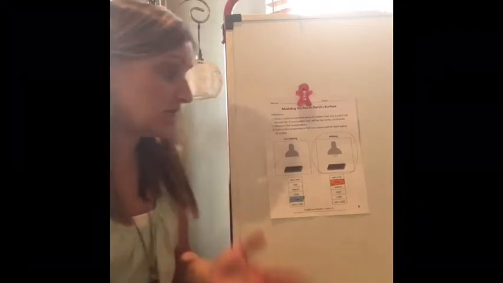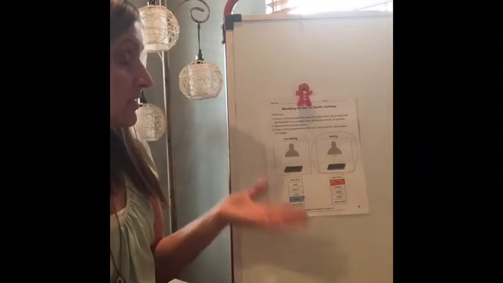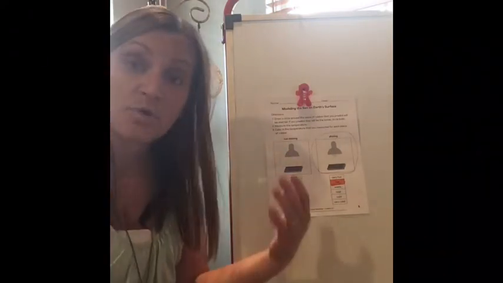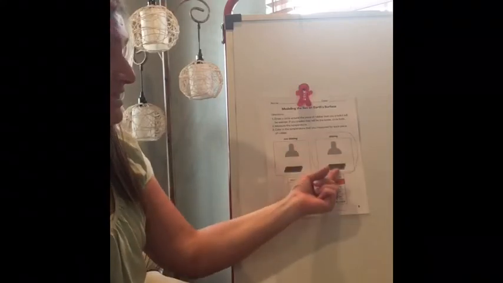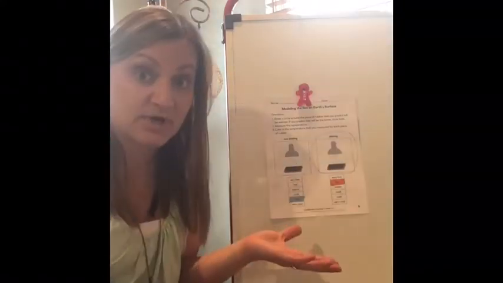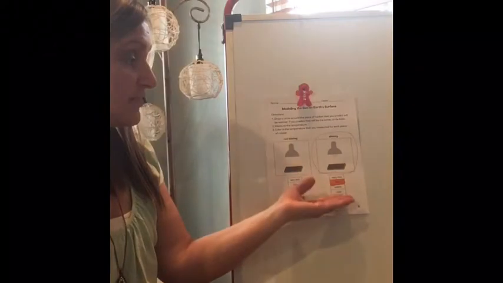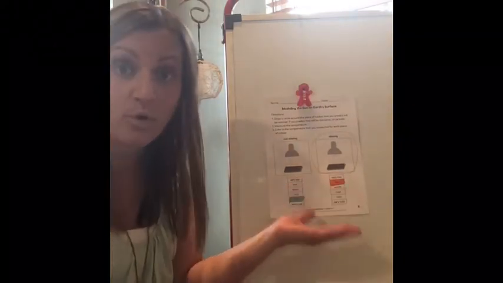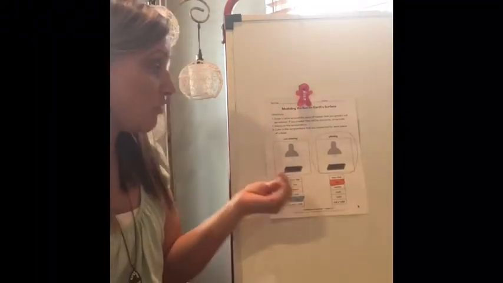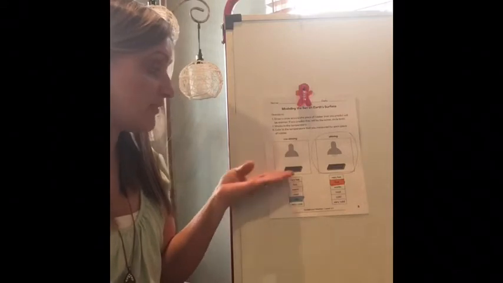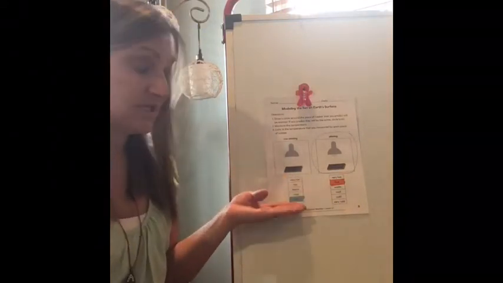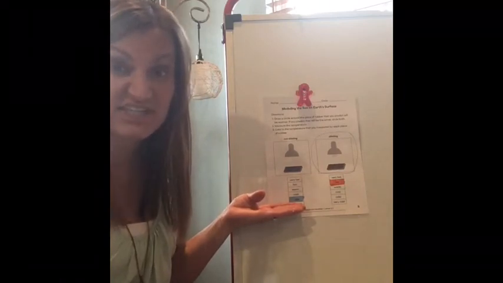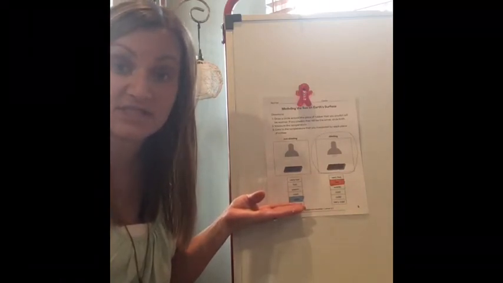Looking at our data, our results, because as scientists we record our observations, we can tell that the light, which we were pretending was the sun, was shining on the surface. It was hot. It warmed up the surface. Over here, where we had the surface with no light shining on it, it actually just stayed cold, didn't it? It stayed the same temperature it was before we even did the investigation.